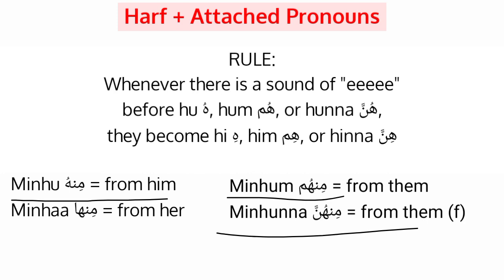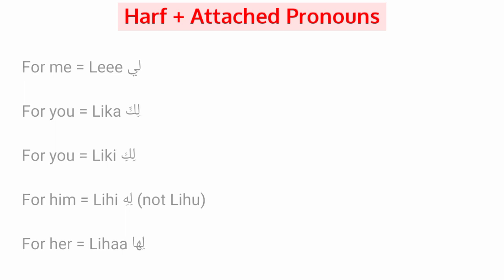Now how come the sound of e is appearing? Well, you can see Lee, for example. Lee means for. Lee, Lika, Liki. I said it can be Lee or Lini. It will not be Lini over here, it will be Lee. For a few Harf of Case 3, Lini is not used; instead of ni we use e. Lee, Lika, Liki, Lihu or Lihi.